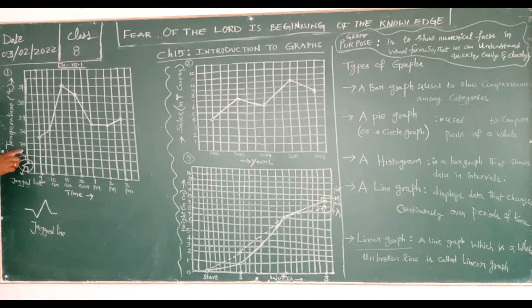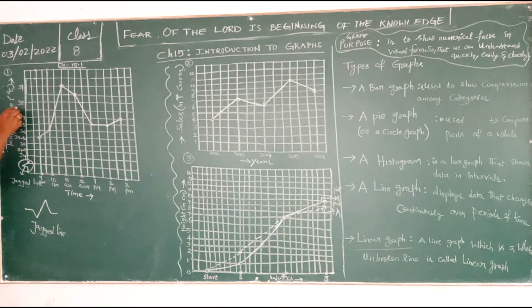First I'll complete the middle gaps here, those points. 34 and 35, what is the middle? 34.5. Next, 35 and 36, that is 35.5. Next, 36 and 37, we'll write 36.5. Next, 37 and 38, that is 37.5. 38 and 39, 38.5.